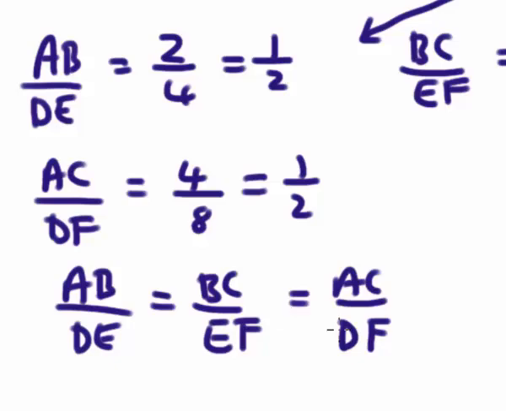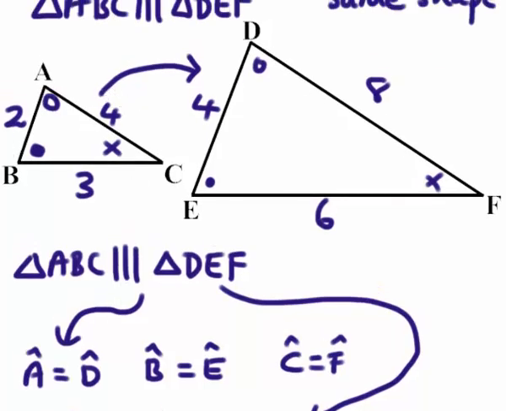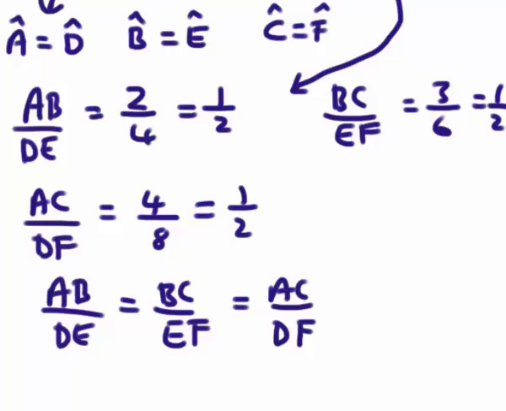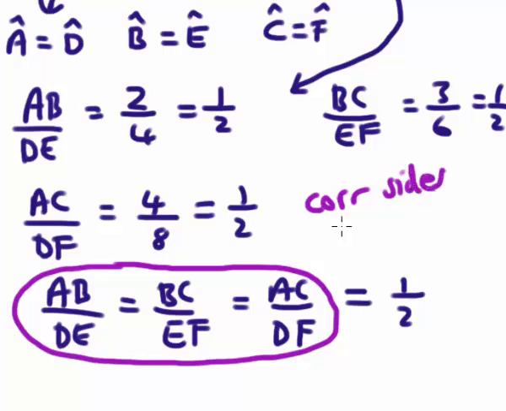Remember that these separate lengths, AB, DE, they're not necessarily the same. They actually differ in length. All the sides differ. But if you divide them and create a proportion or a ratio, you'll notice that AB over DE, BC over EF, and AC over DF are all the same. They all equal a half. So if triangles are similar, what we know is that the corresponding sides are in the same proportion, or ratio, if you like.